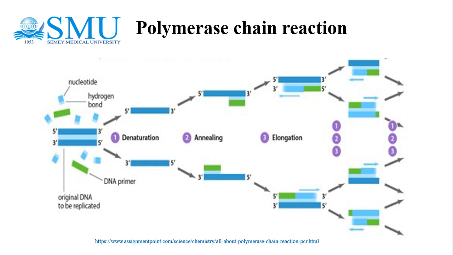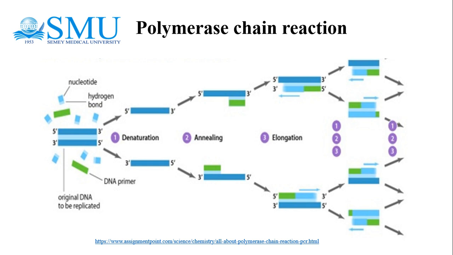This step is catalyzed by Taq polymerase enzyme, which keeps on adding the free nucleotides to the growing end of the primer. And the Taq polymerase is a special type of DNA polymerase, isolated from the thermophilic bacterium, and capable of withstanding the high temperature of PCR reaction.